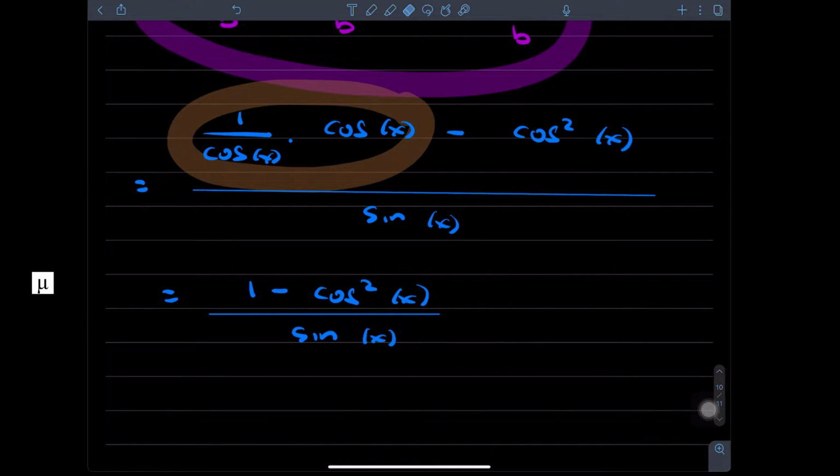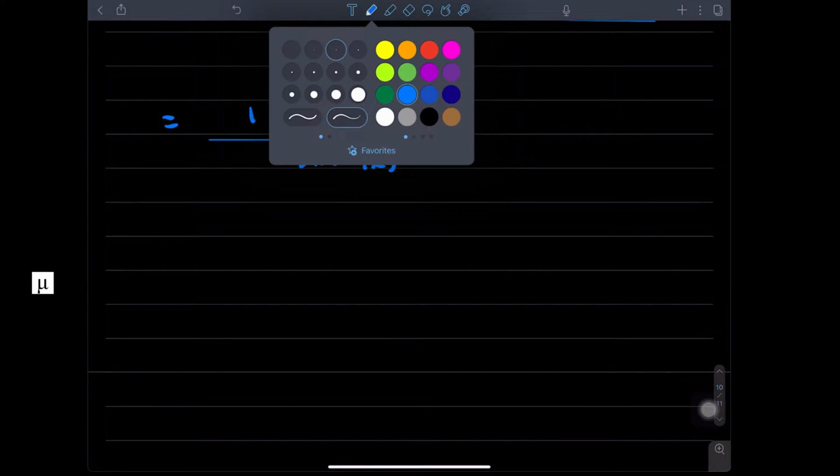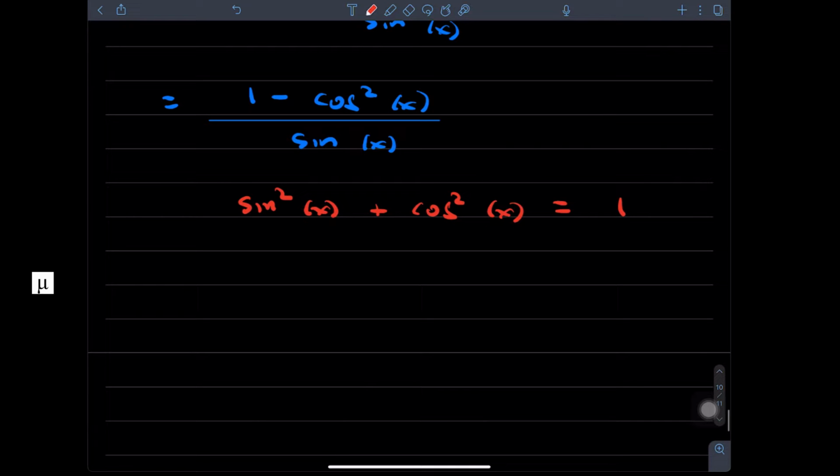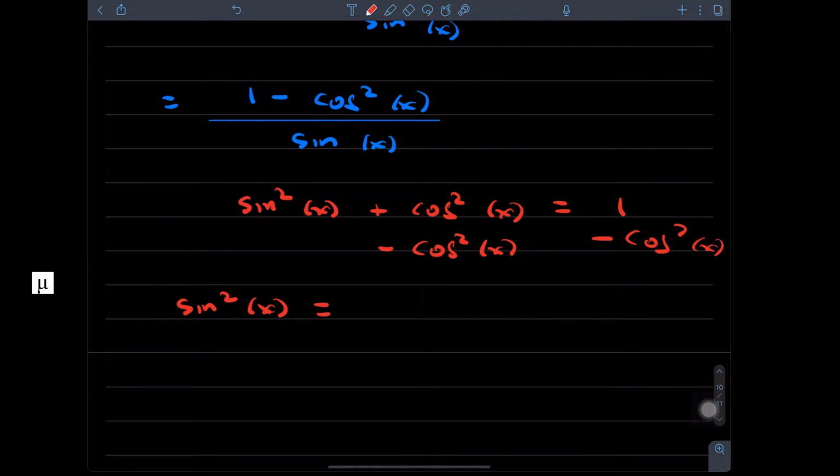Now I'm going to share something with you guys. Remember the Pythagorean identity that sine squared plus cosine squared is 1. You guys remember that? So what I want you to know is I can subtract anything from both sides, in this case a cosine squared. So you have the relationship that sine squared equals 1 minus what?